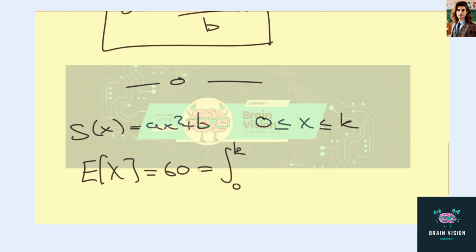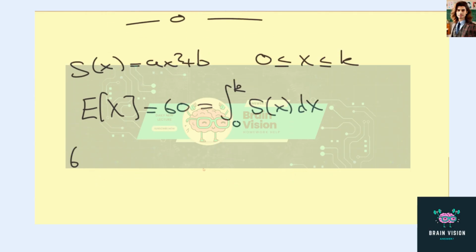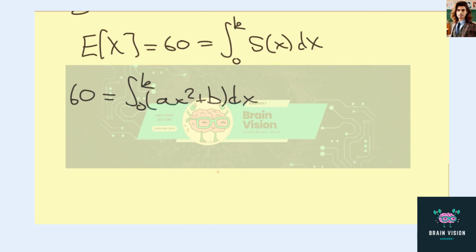So the integral from 0 to k of S of x dx. So we get 60 equals the integral from 0 to k of ax squared plus b dx. So 60 is equal to, let's integrate this, a over 3 times k cubed plus bk. So that's one equation.